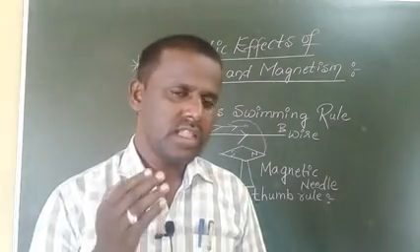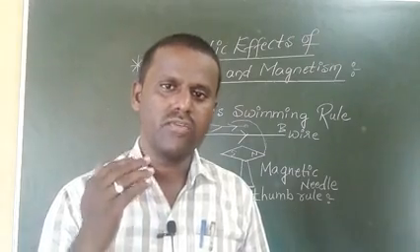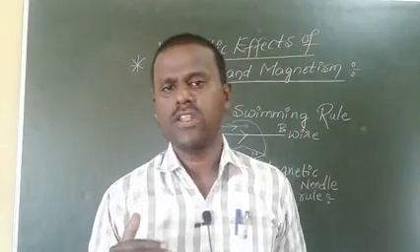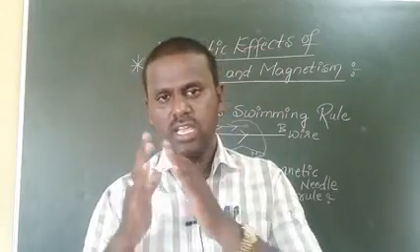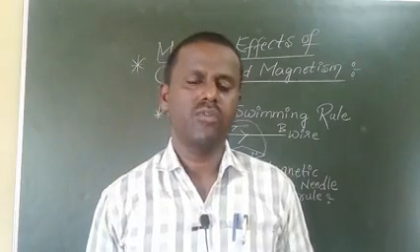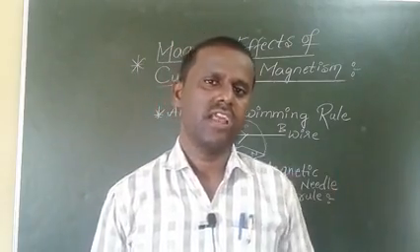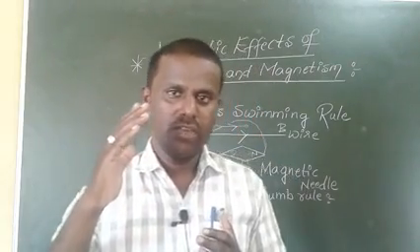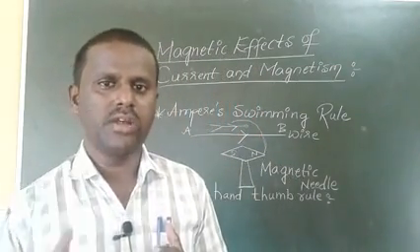then in the surrounding region of the wire, so I mean in the upward region, downward region, or in the side regions of the wire which is carrying the electric current, some special effects are found.